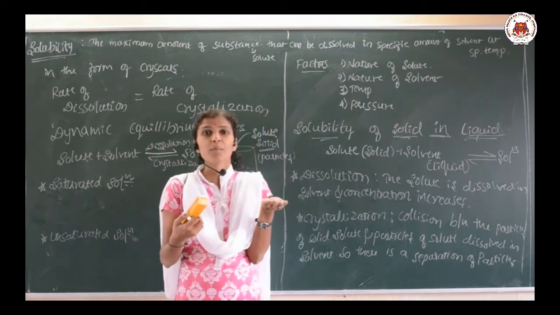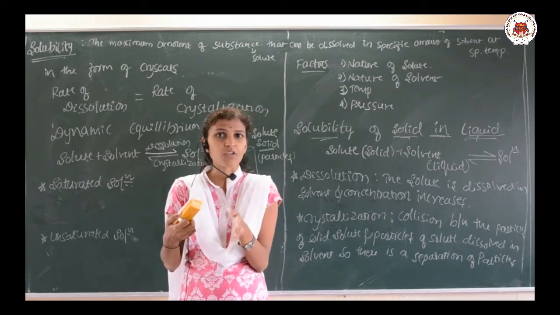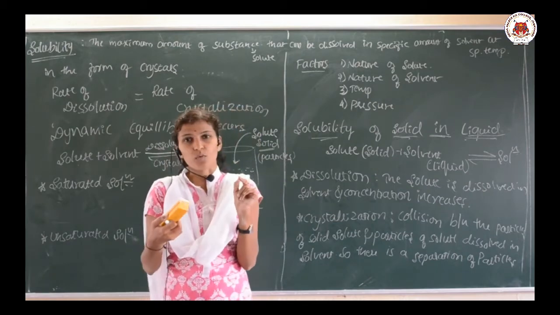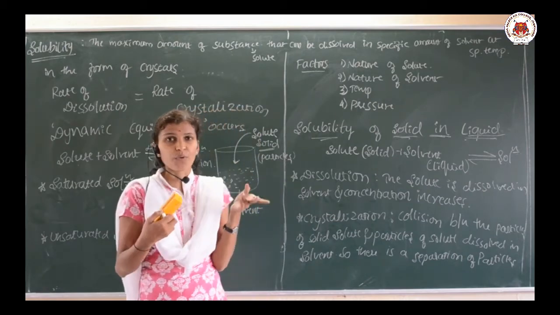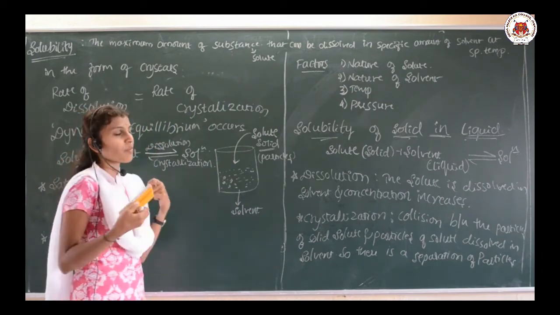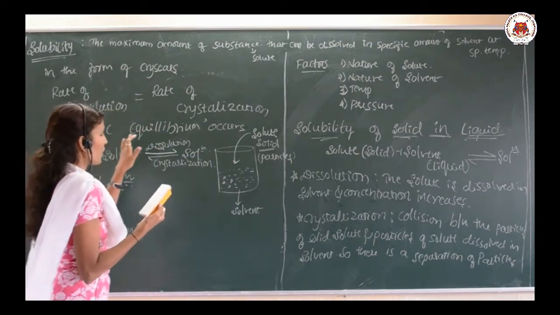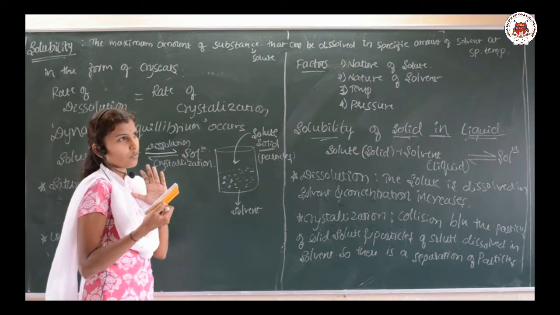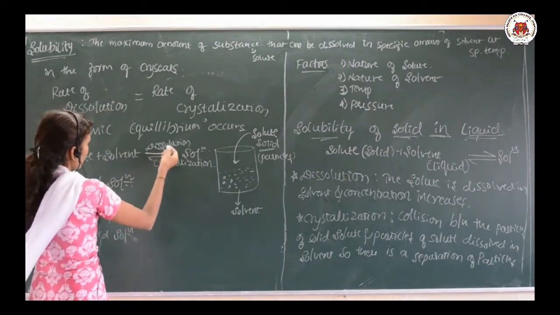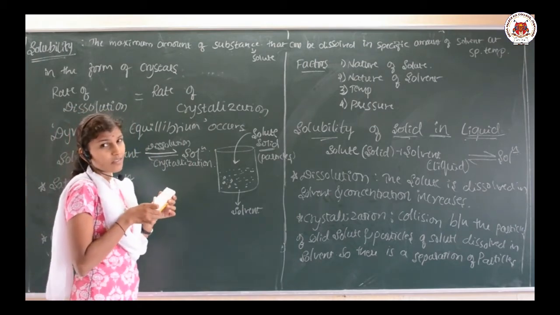And then when the particles of the solid solute collide with the particles of the solute present in the solvent, those get separated out in the form of crystals, that is what we call crystallization. So, when the rate of crystallization and rate of dissolution become equal, a dynamic equilibrium occurs. If I represent it through the solute and solvent reaction, the forward reaction is dissolution and the backward reaction is crystallization.